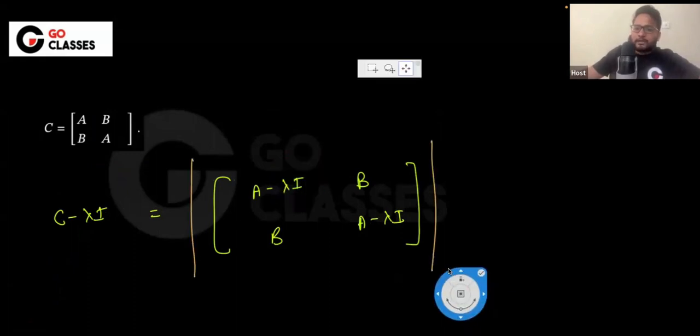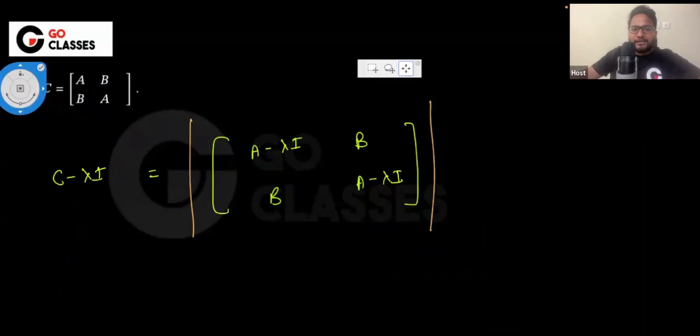This matrix is actually very familiar to us. Why?